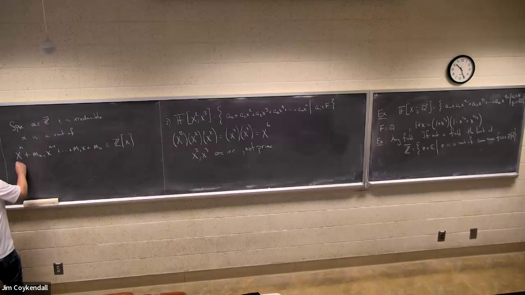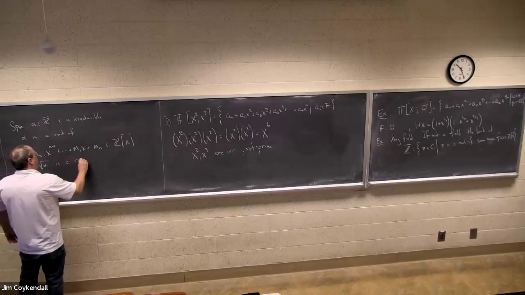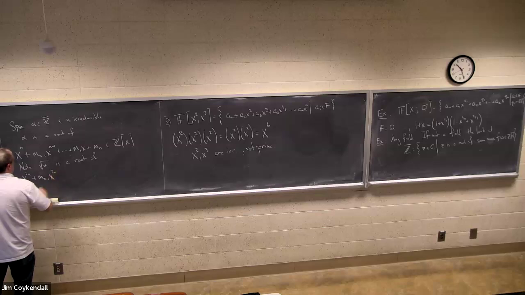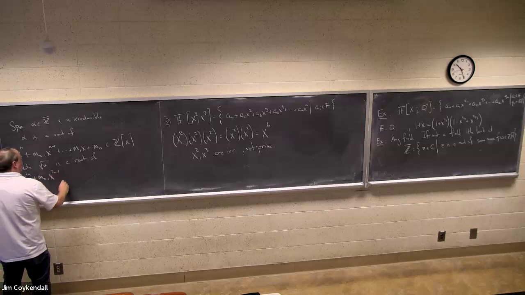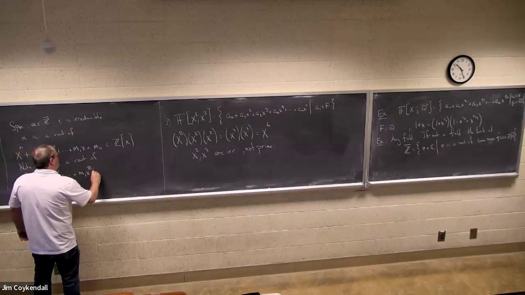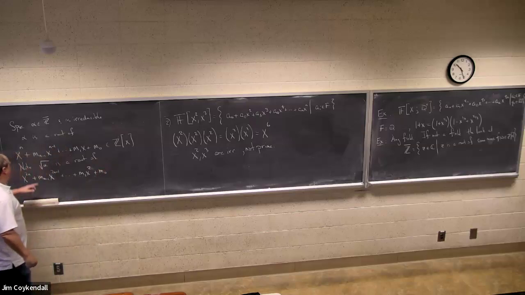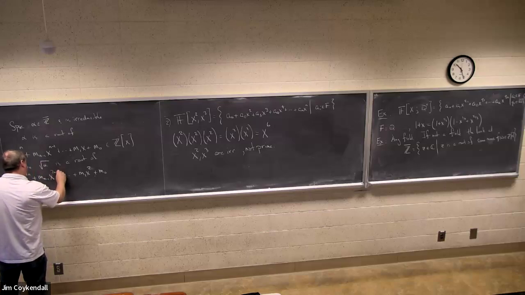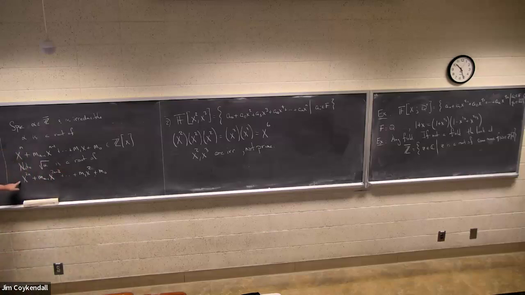Note, notice the square root of alpha is, oh, I'm sorry, it should all be even powers. Absolutely. Notice the square root of alpha is a root of this, right?